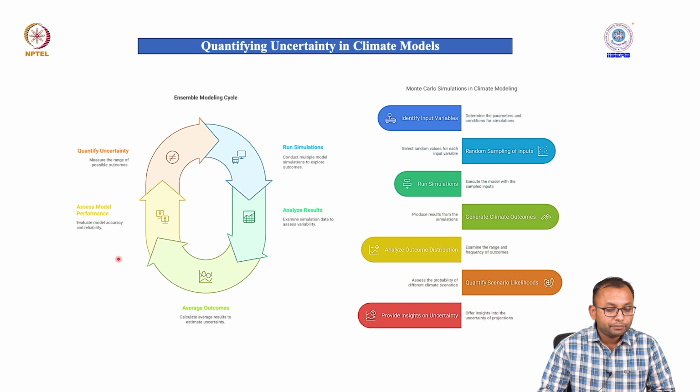Once we have done this, basically we assess the model performance, evaluate the model accuracy and reliability based on the historical run or historical observations, whether our ensemble model framework is completely capturing the historical variability or not long term.